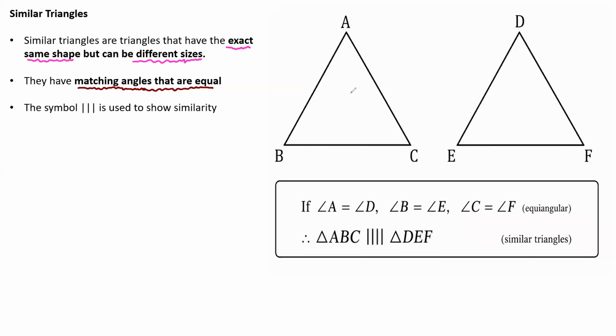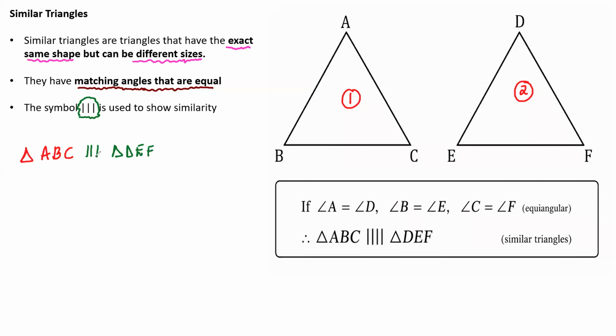Let me call this triangle number 1, ABC. Let me call this triangle number 2, DEF. If by any chance triangle ABC is similar to triangle DEF, listen to me, the symbol for similarity is just these 3 strokes.